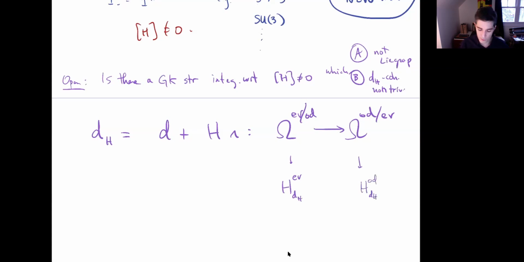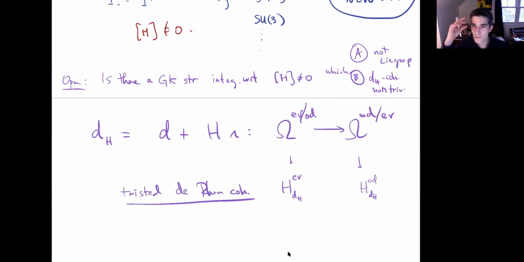These are the so-called twisted de Rham cohomology, and for this you have to forget the fact that you think of cohomology classes as having a specific degree. Just think of them as having a specific parity, but not a degree.